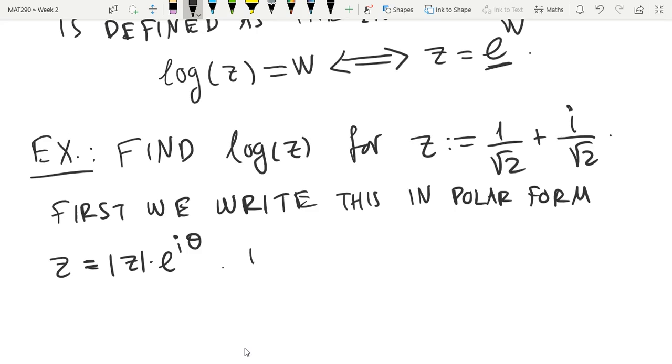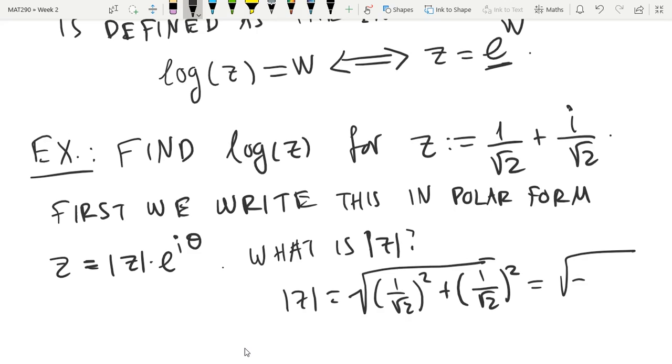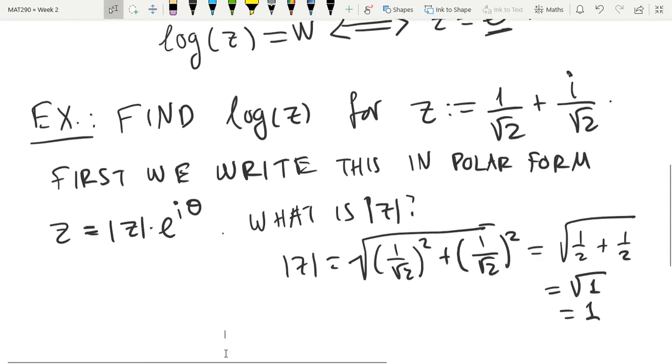Okay, so first, what is the modulus of z? So recall, this is the square root of the square of the real part plus the square of the imaginary part. So we get 1/2 plus 1/2, which is 1, and the square root of 1 is 1. So the modulus is just 1.